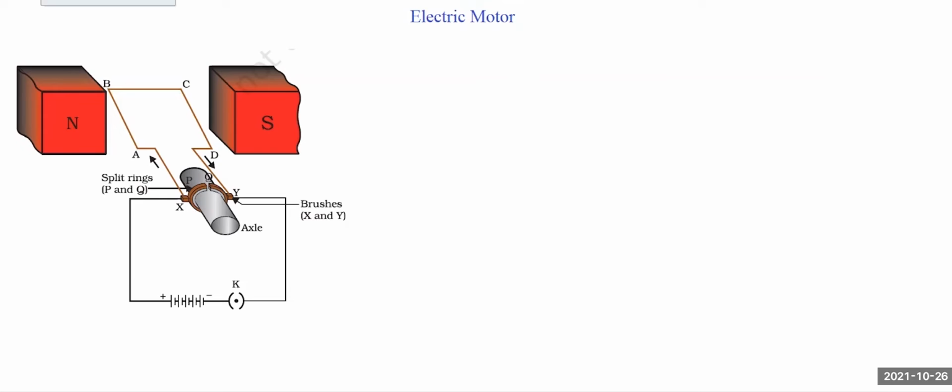Today, let us learn about the topic electric motor. So basically, what is an electric motor? An electric motor is a rotating device that converts electrical energy into mechanical energy.